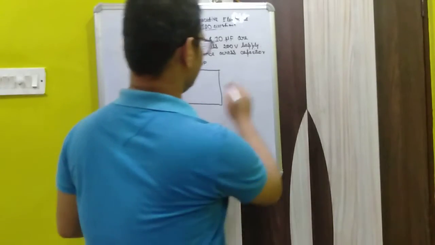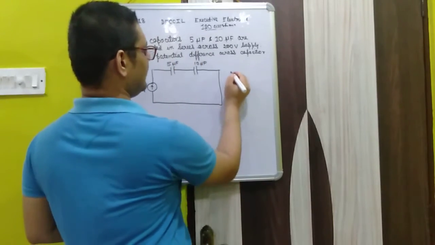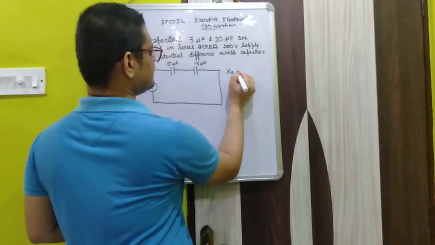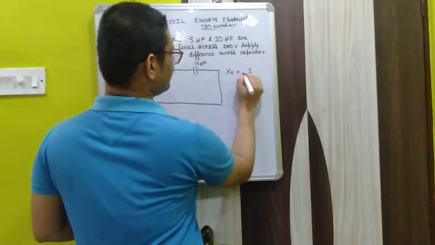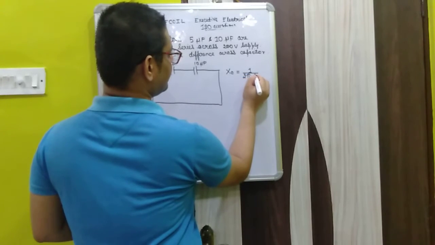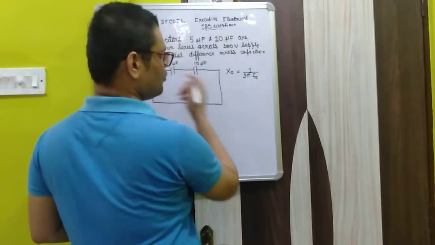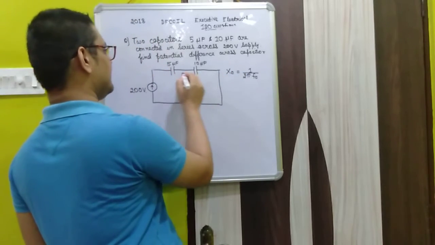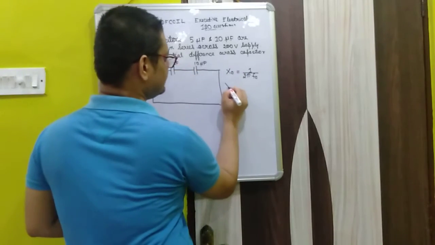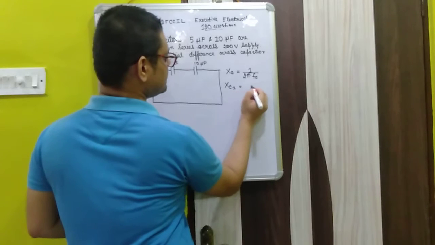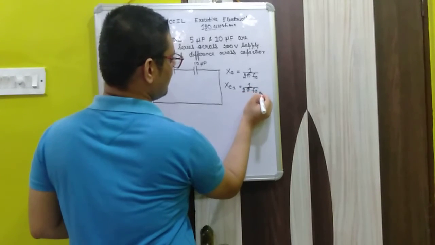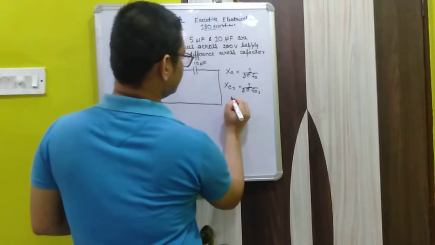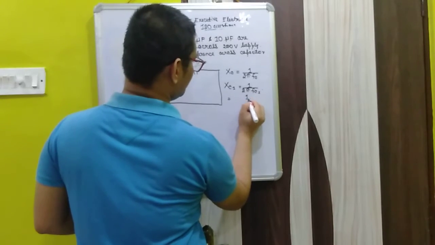Now we have to calculate. First we have to calculate Xc, that is reactance. What is the formula of reactance? 1 by 2 pi Fc. So we first calculate the reactance for this capacitor: Xc1 is 1 by 2 pi Fc1. Then we put the values.